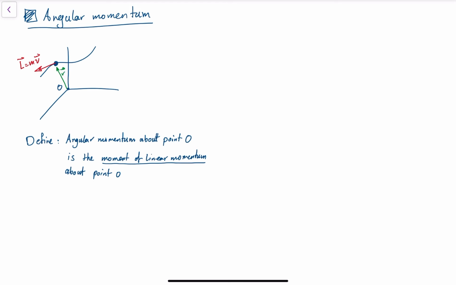We use letter h, also a vector, and moment of a vector is the distance vector cross product by that thing. So in this case, the moment of linear momentum is r cross the vector of linear momentum.